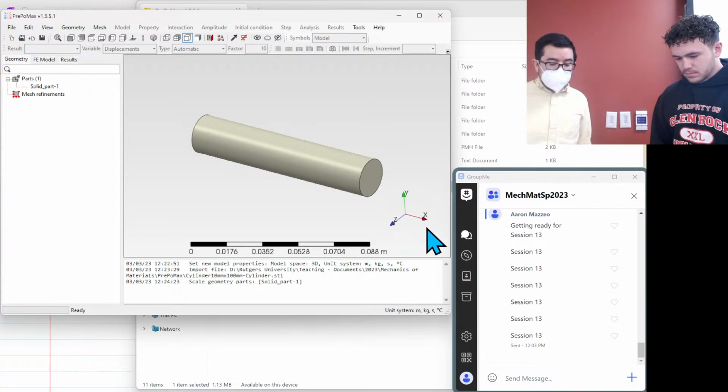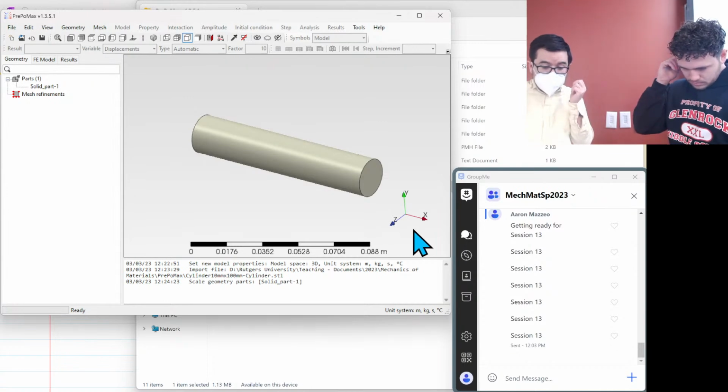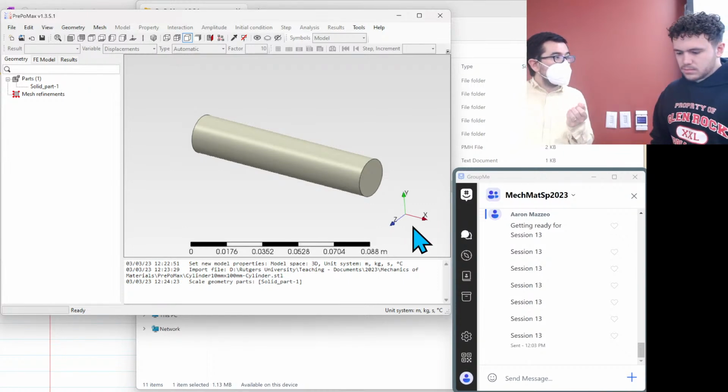So if I say this is 1, 2, and 3, for x, y, and z, which stresses am I looking for if I'm looking for shear stress or shear strain? Am I looking for 1, 1, 2, 2, 3, 3, 1, 2, 1, 3, or 2, 3? 1, 2. So 1, 2, yes, is a good choice, right?